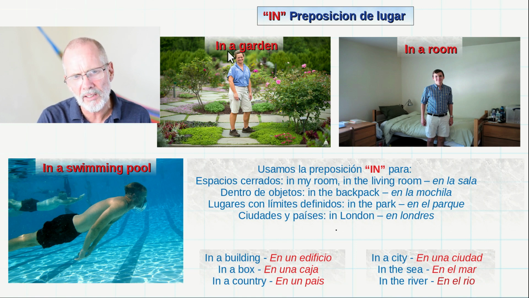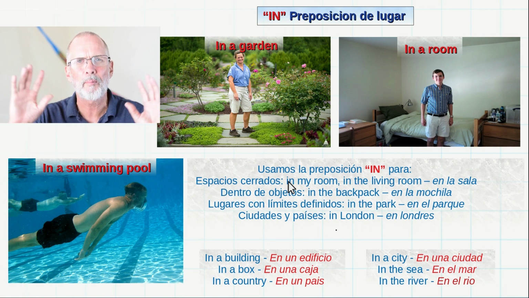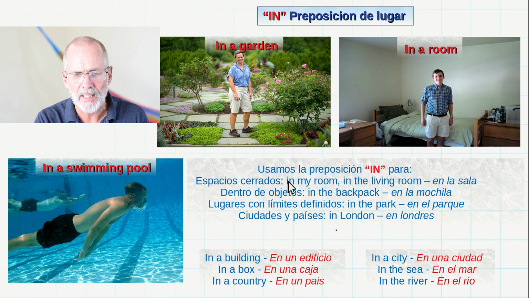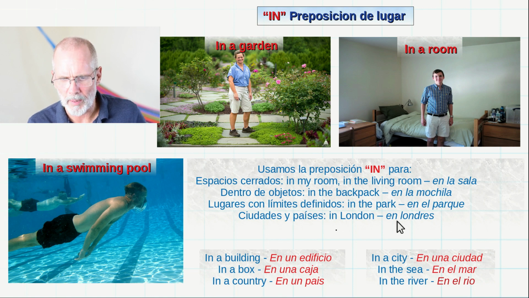In a garden, bueno, un garden es plano, pero lo vemos como esta regla aquí: es un espacio cerrado, es un lugar con límites definidos. Entonces, estamos aplicando esa regla. Eso también aplica en una ciudad o en un país. Ok, son las reglas básicas para in.